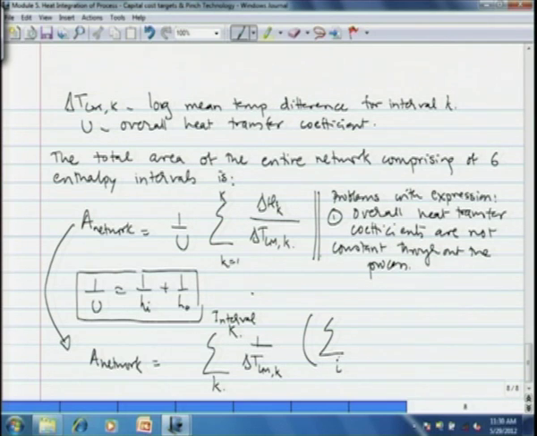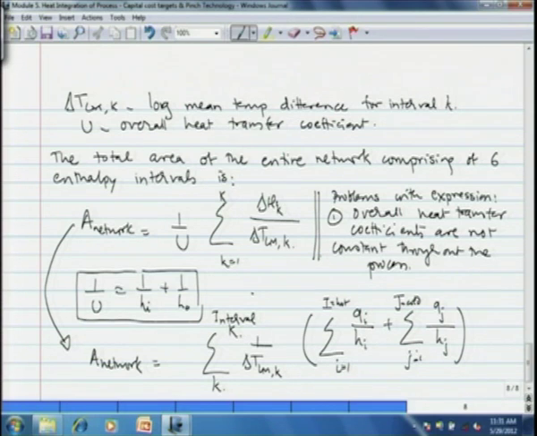So, let us say the number of hot streams is capital I. So, I running from 1 to capital I, Q I by H I, where H I is the film coefficient of hot stream I. So, Q I by H I is the area contribution from hot stream, plus summation J running from 1 to capital J, which is the number of cold streams, and then Q j by H j. Okay.